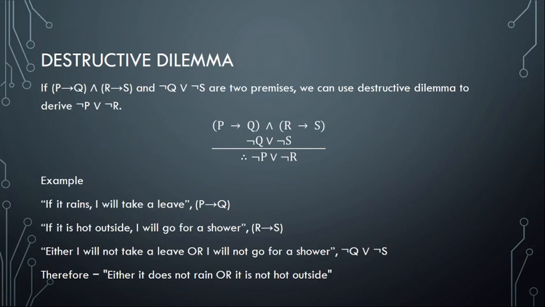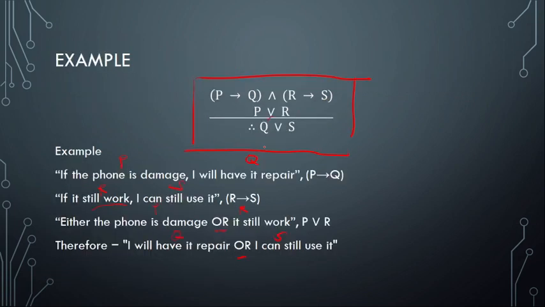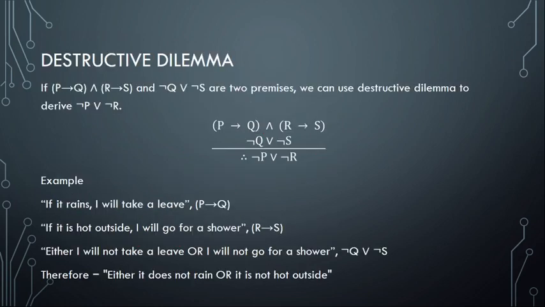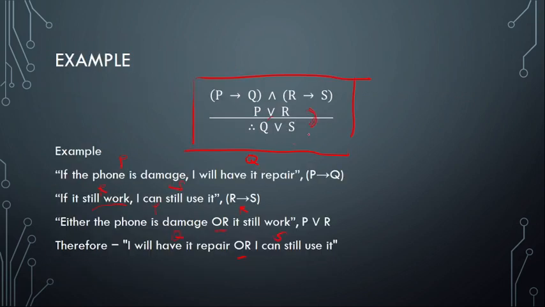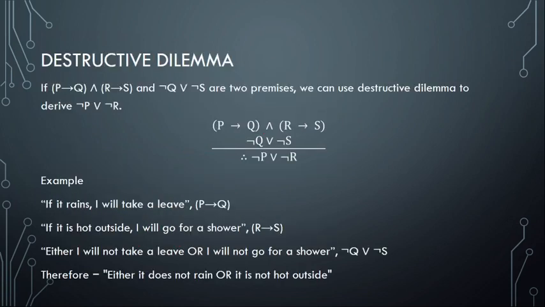In the constructive and destructive dilemmas, the first premise is the same: if P then Q, and if R then S. The conclusion is not P or not R. Another premise is not Q or not S. It looks like they are reversed, interchanged, and then negated.